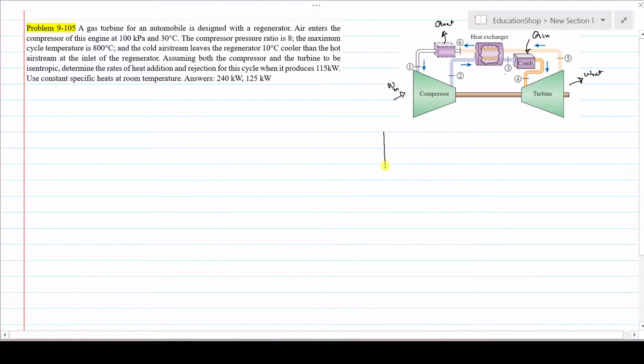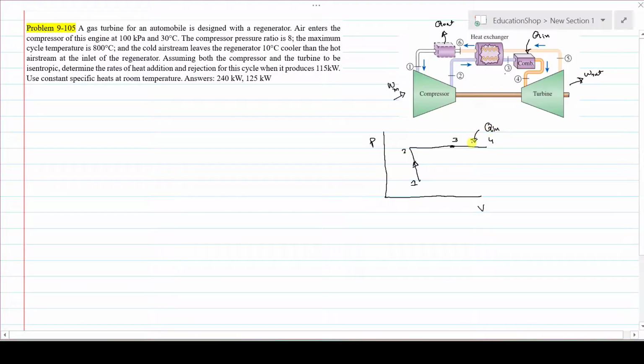First I will draw the PV diagram. 1 to 2 is isentropic compression. This is 1 to 2. Then 2 to 3 also occurs at constant pressure. Then 3 to 4 is the constant pressure heat addition process. Here heat addition occurs, that is Q in, which we need to calculate.